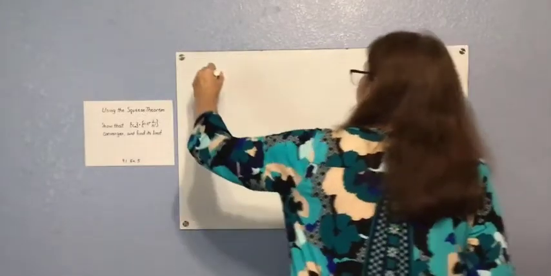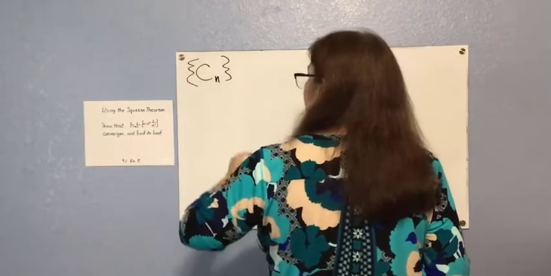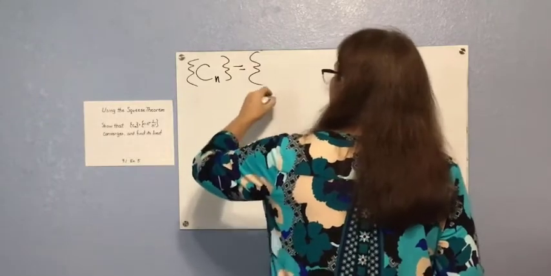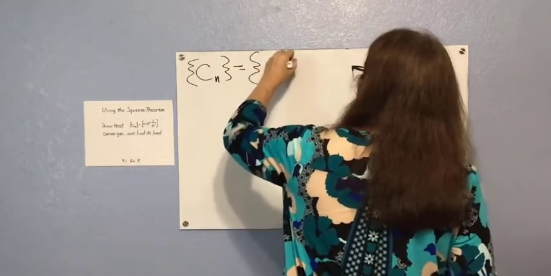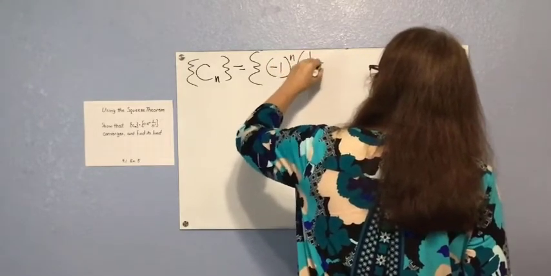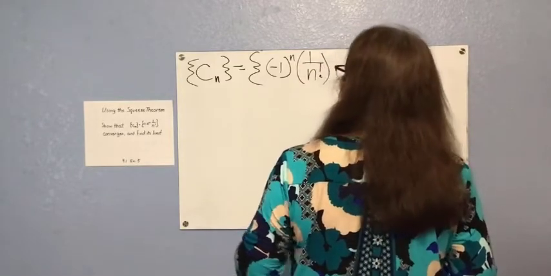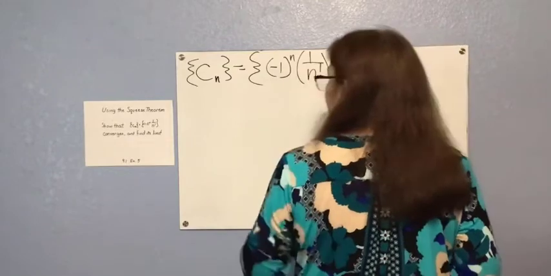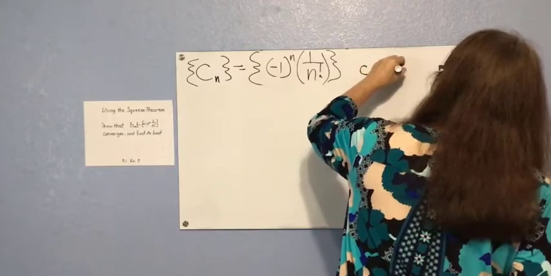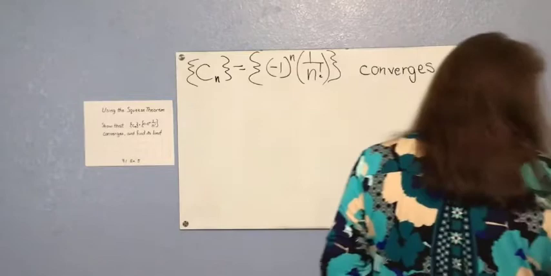Okay, we want to show that the sequence c sub n, which is equal to negative 1 to the n power times 1 over n factorial, converges, and then determine where it converges.